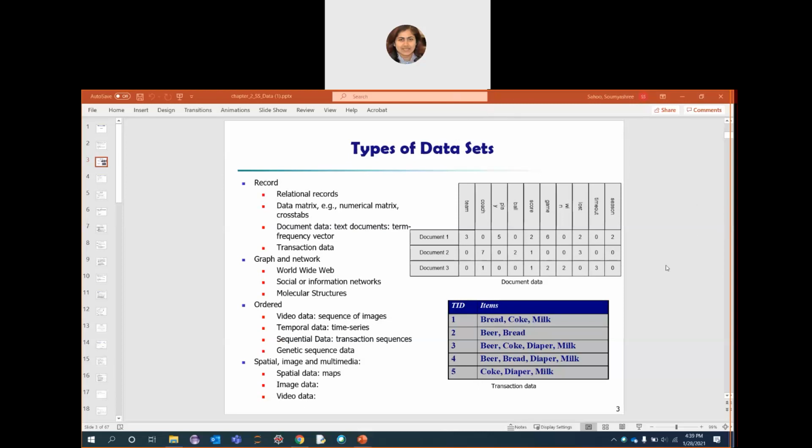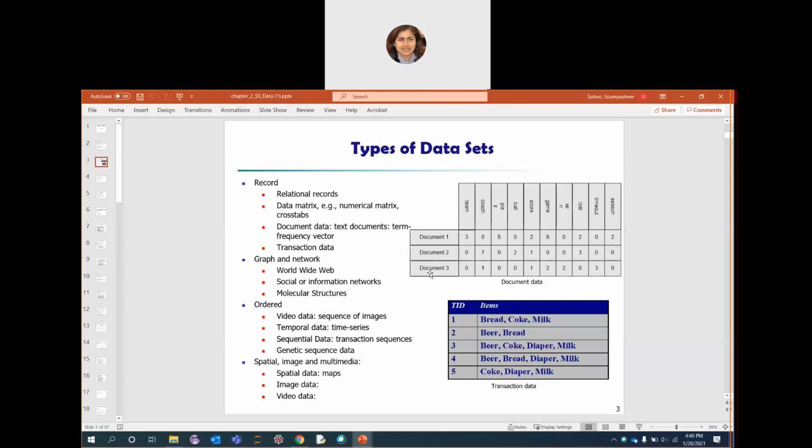Then we have graph or network. One graph network can be World Wide Web data, social, that is any social networking website data, ordered data, and spatial, image and multimedia data. Record has a category of document data.